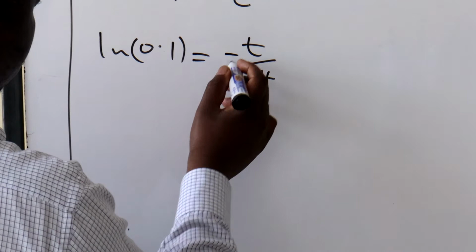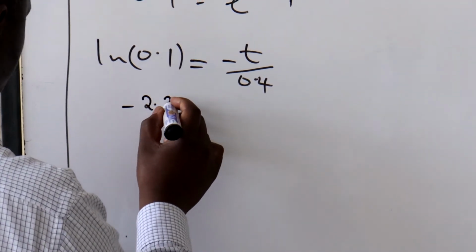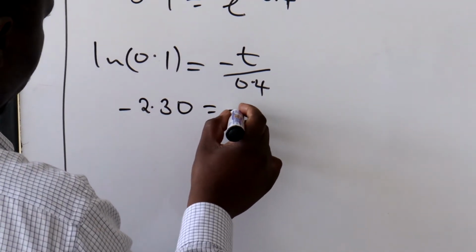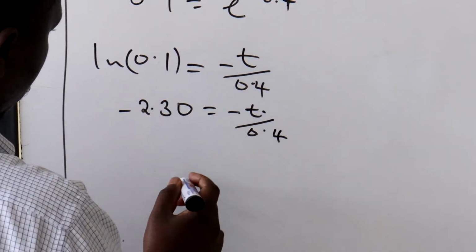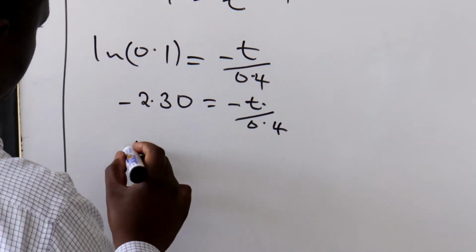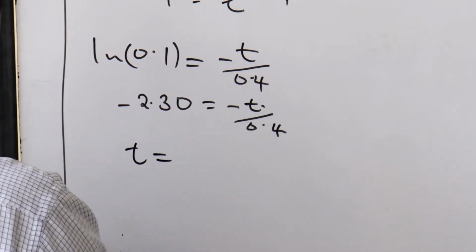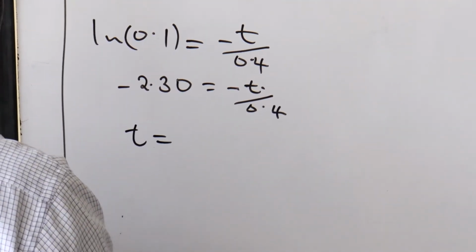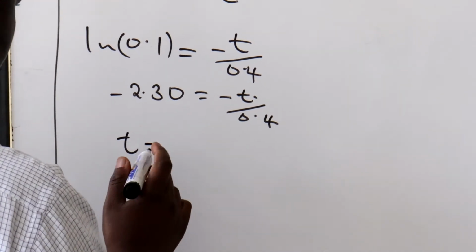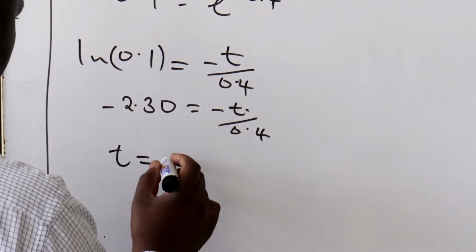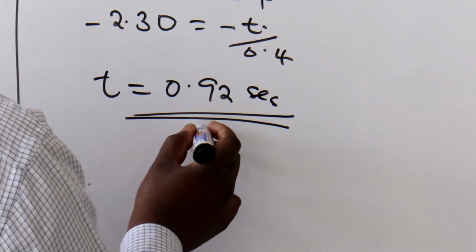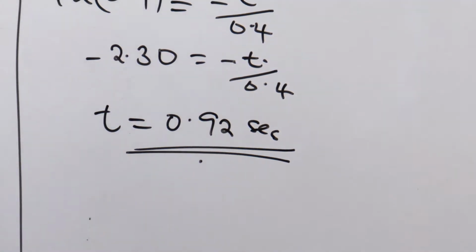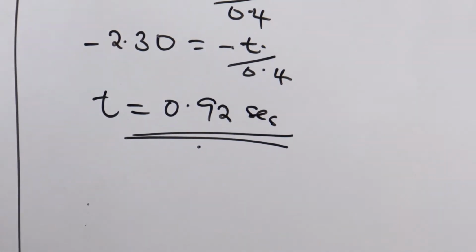This becomes minus 2.30 is supposed to be minus t over 0.4. So cross multiply and minus cancel out. t is supposed to be 0.92 seconds. So that's the solution for the entire question.